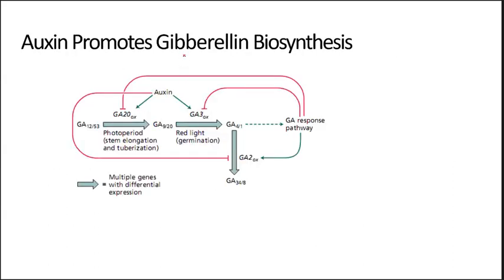Now it was seen that auxin helps in gibberellin biosynthesis. I told you that GA20 oxidase is an important enzyme for the formation of active gibberellin.